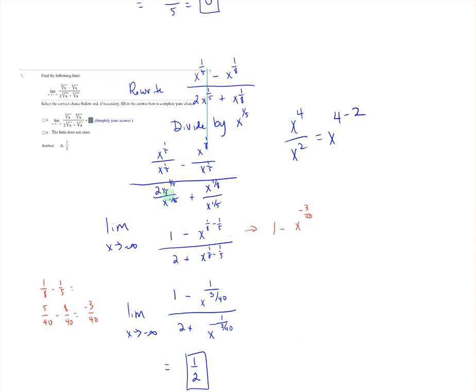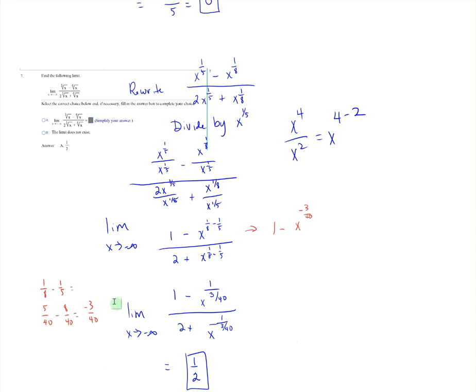That becomes just a 2 on the bottom. And this is x to the 1/8 minus 1/5. And so when you have 1/8 minus 1/5, you have to get a common denominator. So that's 5/40. Here, I did that here. 5/40 minus 8/40. That's negative 3/40. So that's how I came up with that.